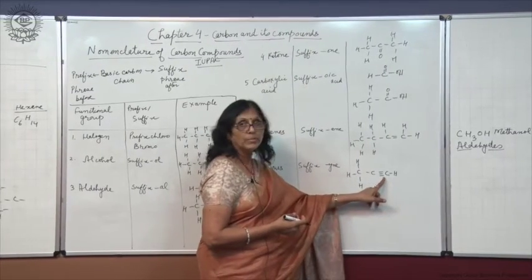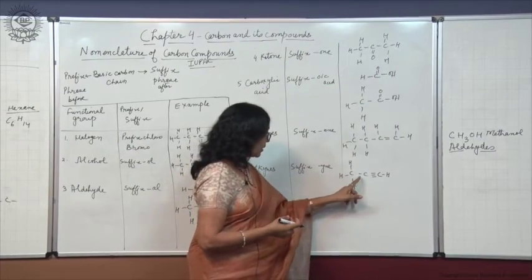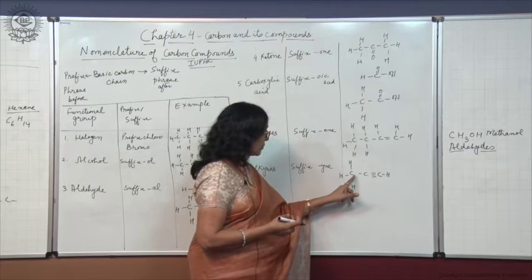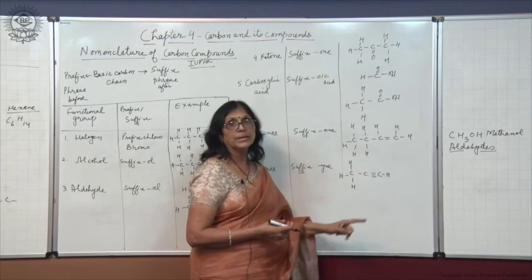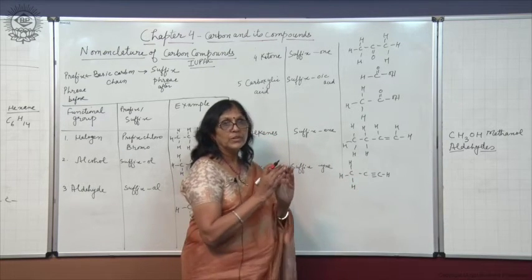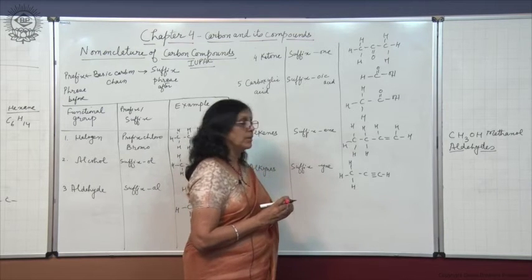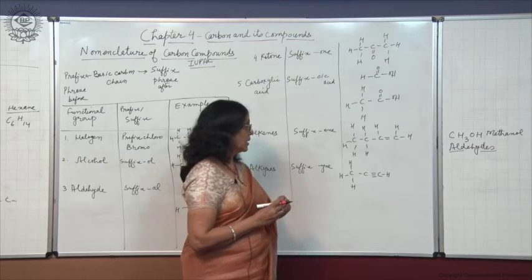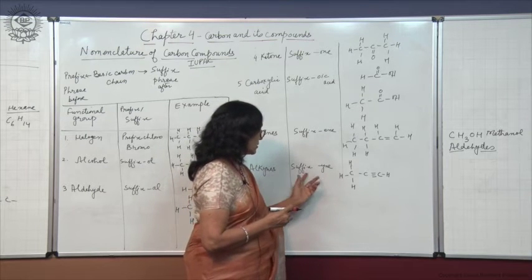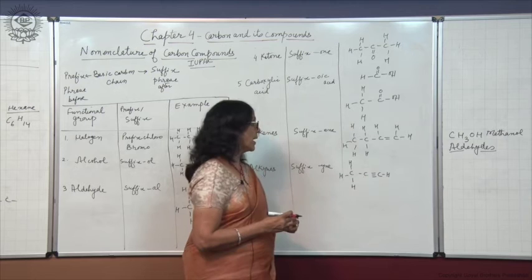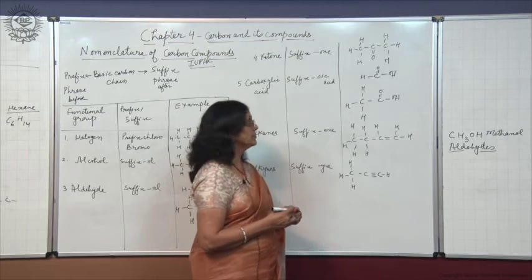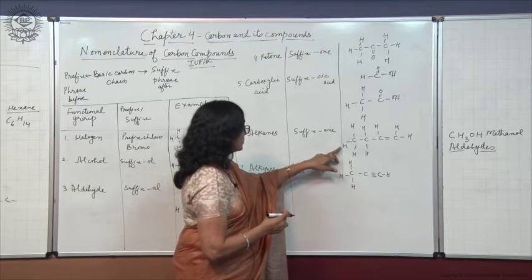Here you can see what is the IUPAC name of this compound. There is a triple covalent bond and the longest carbon chain has 1, 2 and 3 carbon atoms. So, the basic structure will be prop, followed by the suffix "yne": propyne. Let us take this example.